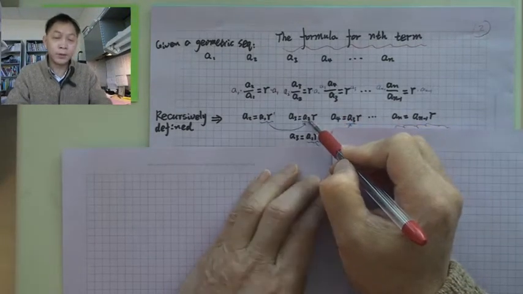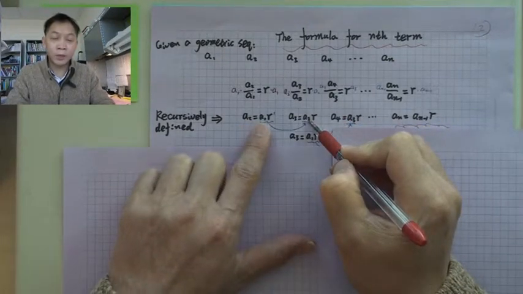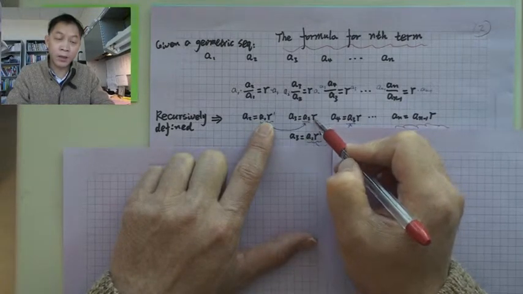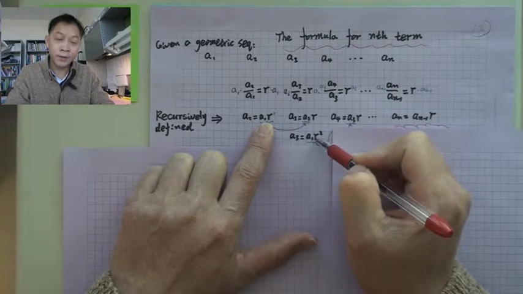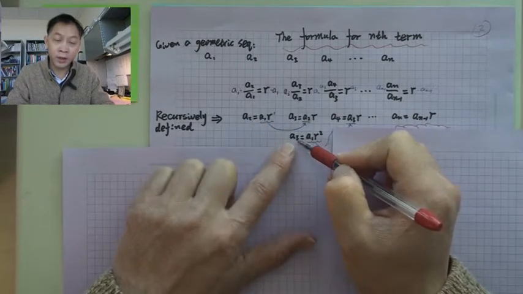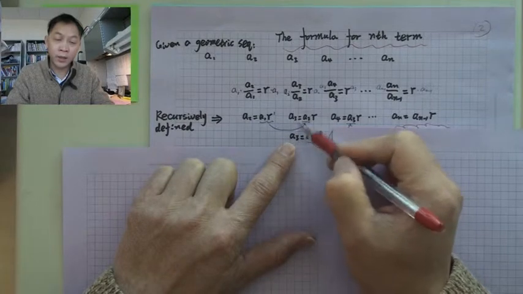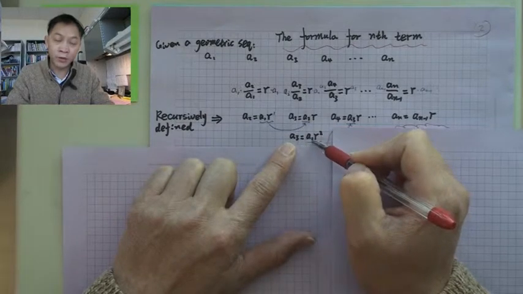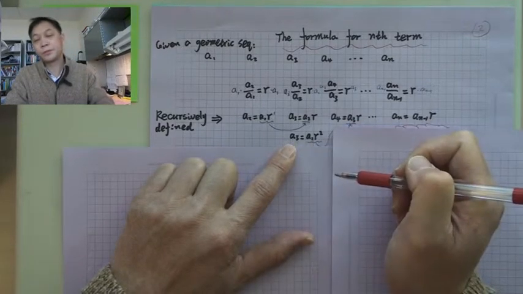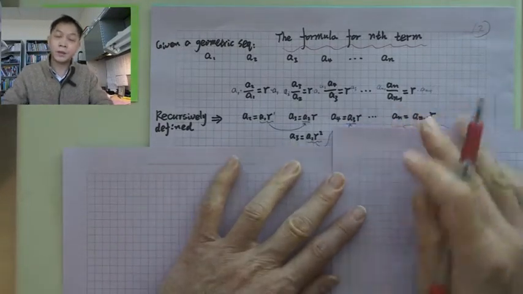Again, A2 is A1 times R, but there is another R down here. So R times R is R squared, and A1. So A3 actually equals A1 times R squared.